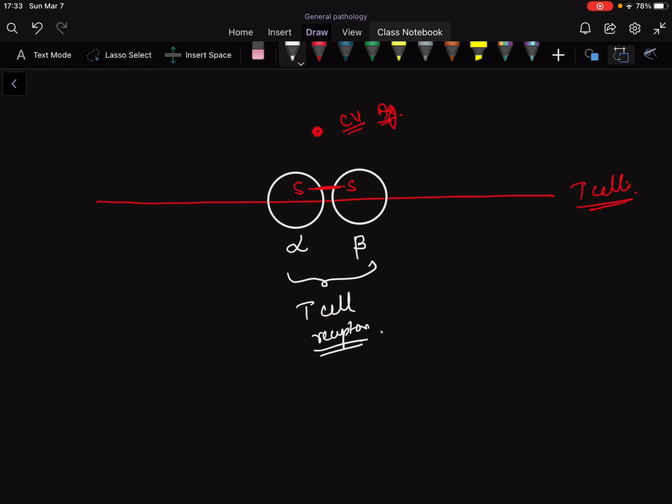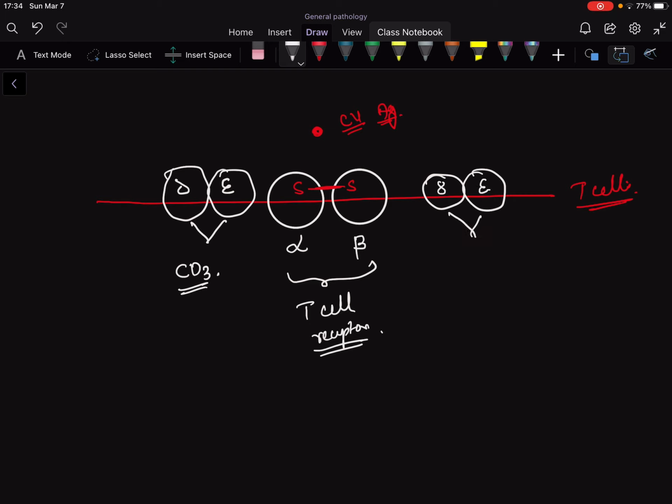Not only that, they also contain other proteins. This protein is called delta and epsilon, and together they are called CD3 proteins. And here there are other proteins. These proteins are called gamma and epsilon. These are also called CD3 proteins.